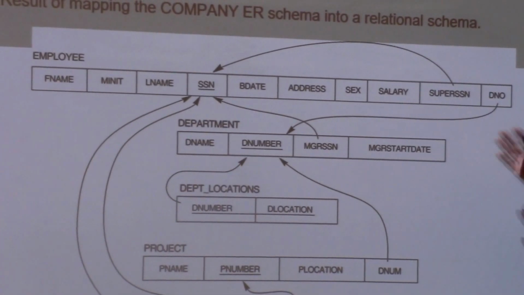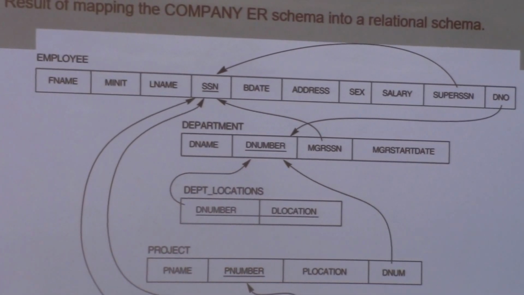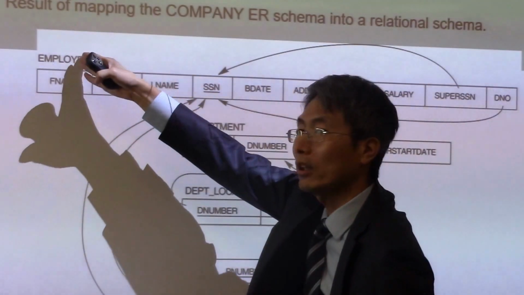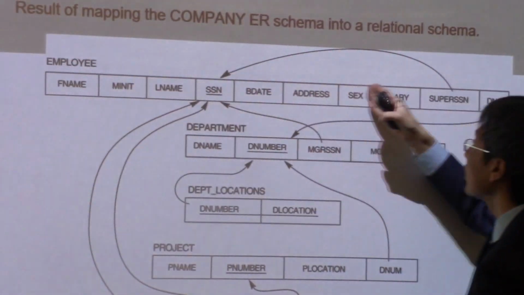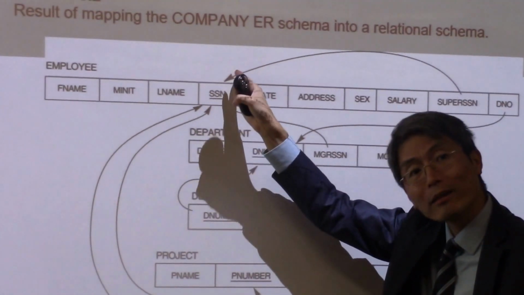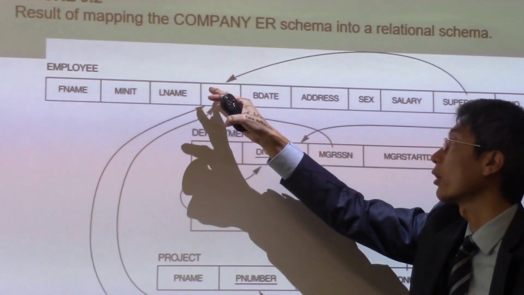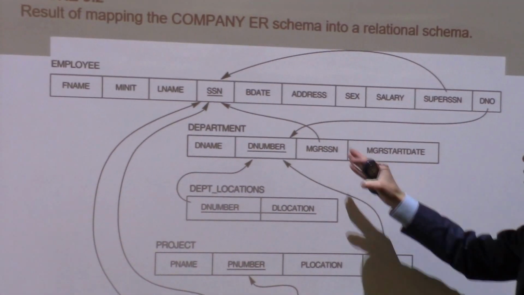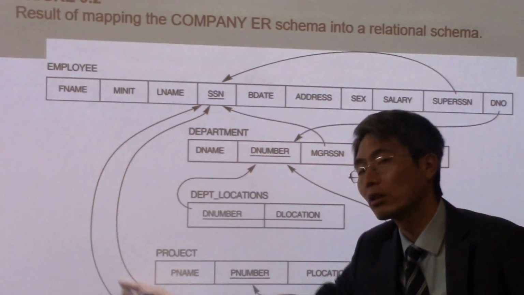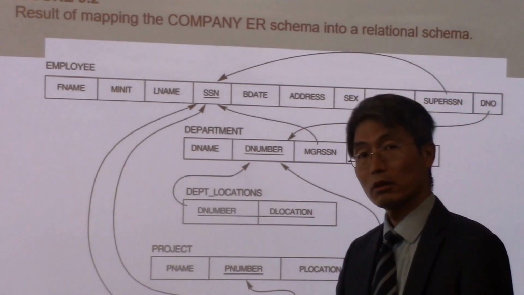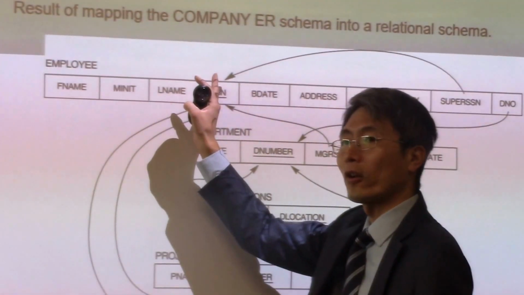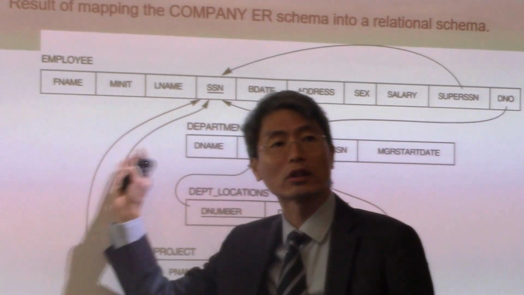This is called the relational schema diagram that includes the entity, the relation name, and its attributes, and also the primary key, which should be underlined, and you should also create the proper foreign key. At that time, be careful about referencing and referenced.